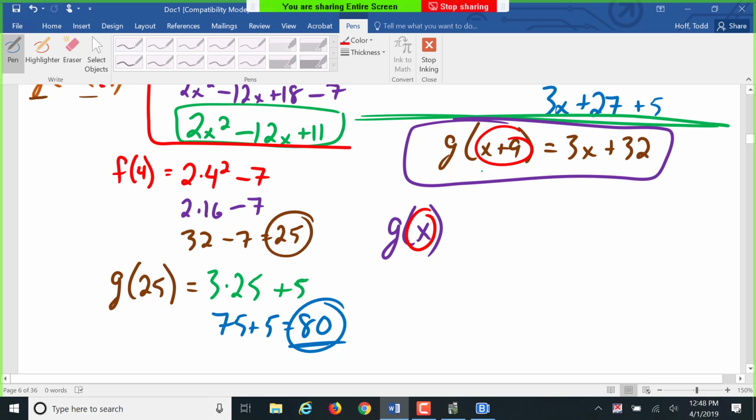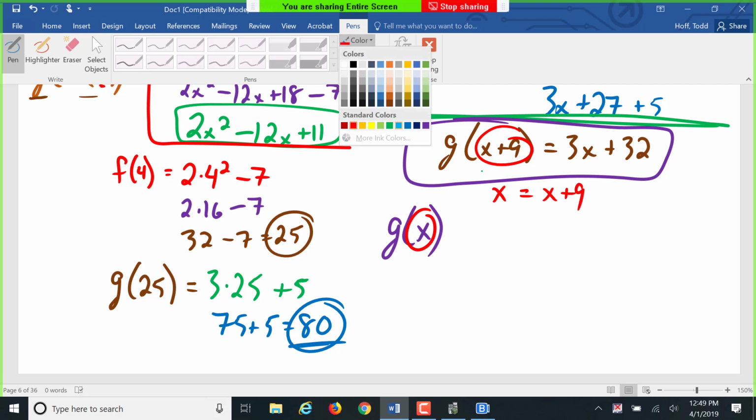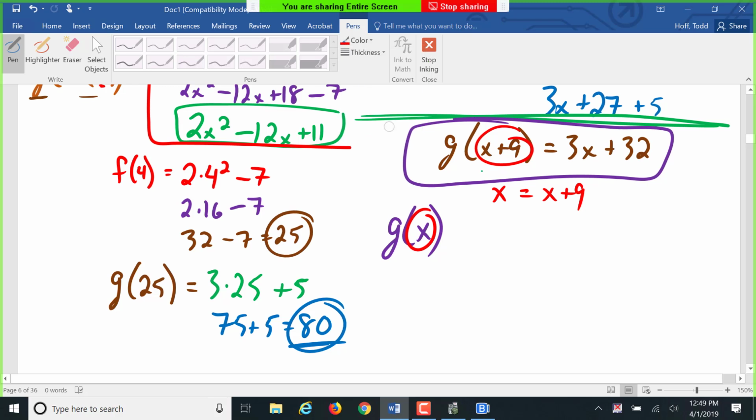Okay, yeah, the relationship between x and x plus 9 is minus 9. So if I have, this is kind of sloppy notation, x equals x minus 9, if I subtract 9 from both sides, I'm dealing with x minus 9. So to get g of x here, I use the notation that I'm finding g of x minus 9 plus 9. If that makes any sense.